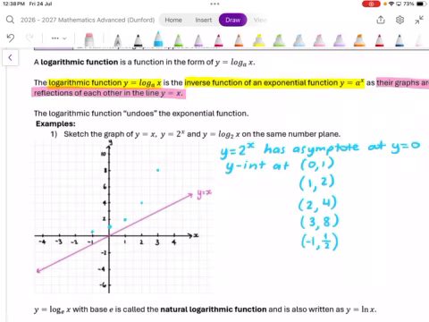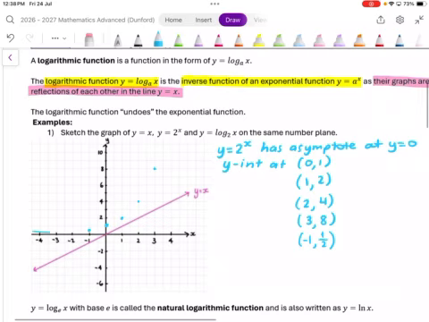Now, we're going to draw our graph of our exponential function, making sure that we do not go below our x-axis. And it's a nice smooth curve going through our points like so. Arrows on either end. And for the purpose of this, we are going to make sure that we write our coordinates on our points.